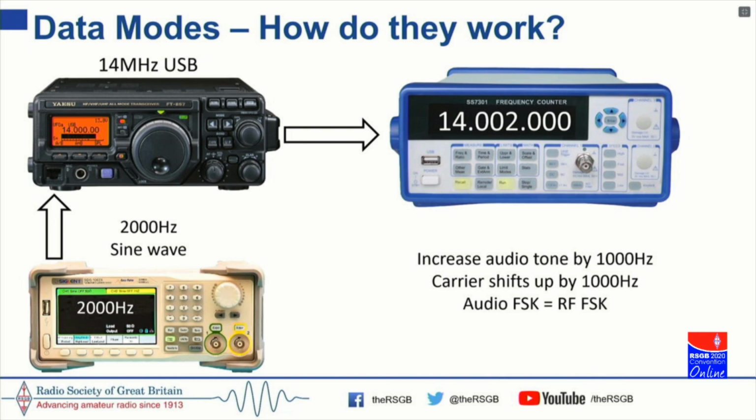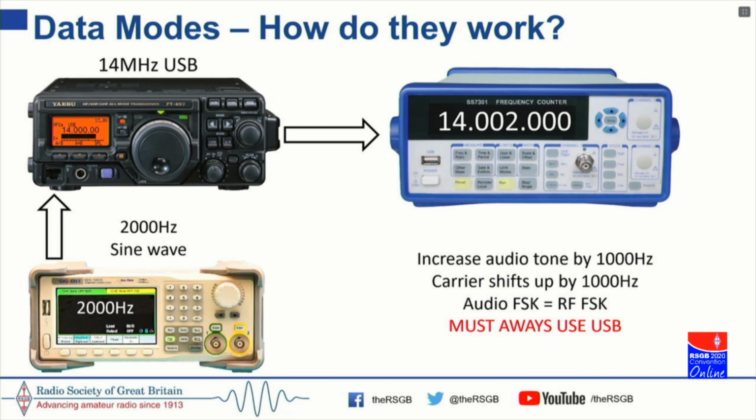So we can do audio frequency shift keying, and it looks like RF frequency shift keying. So that's a really important concept to understand with how we generate data mode signals and send them out over your SSB transceiver. One important point to note, and people often get confused with this, is that you always have to use USB with data modes.